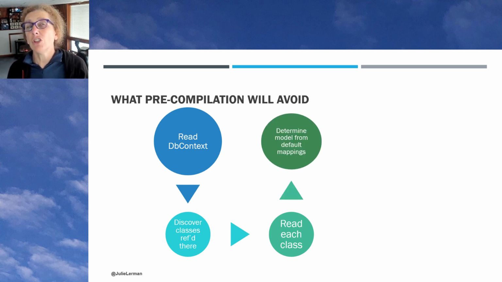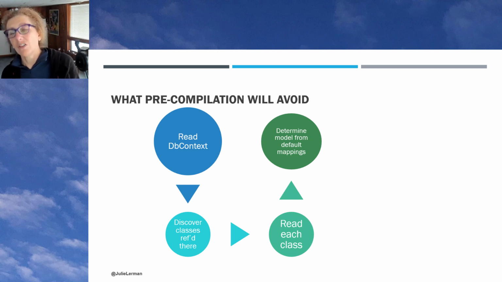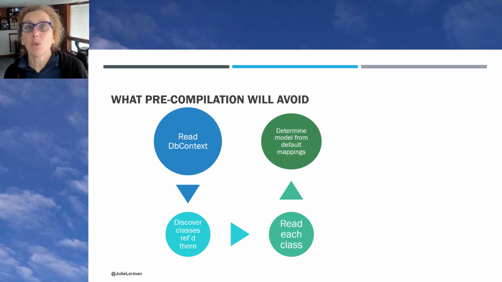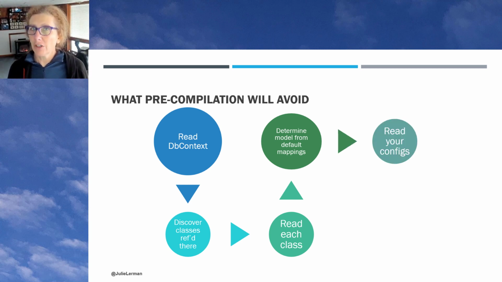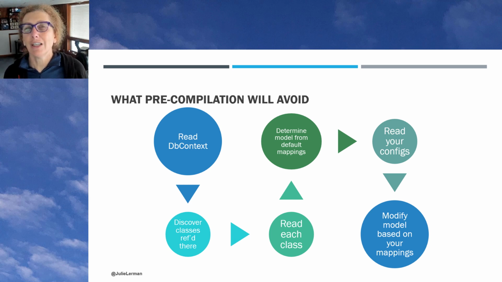From those classes, it uses its defaults or its conventions to make assumptions about what the data model looks like, and the data model as it maps to the database, so what the database schema looks like. Then it reads all of the configurations that you've added in the DbContext, or if you're using data annotations. I really never use them, so I'm always focused on the APIs inside of the DbContext, the Fluent APIs. So it does all of that work.